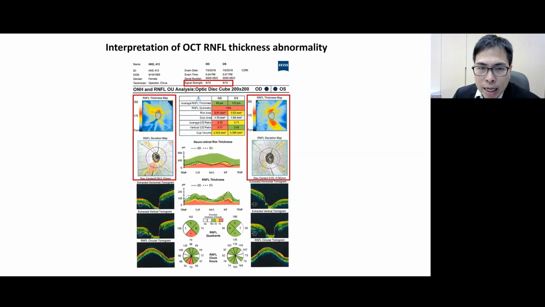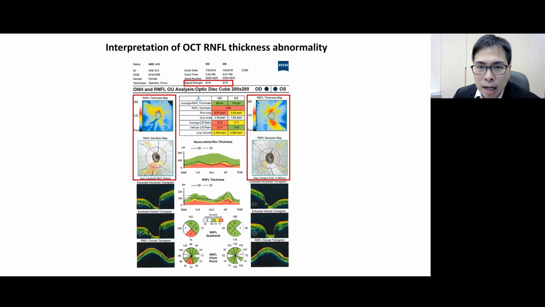Now, before we interpret the retinal nerve fiber thickness map and deviation map, we often need to look at the signal strength. By convention, we need to have a signal strength of at least 6 or 7, because if an OCT printout has a low signal strength, the retinal nerve fiber layer would be falsely reduced, giving you a false positive assessment of retinal nerve fiber layer abnormality.